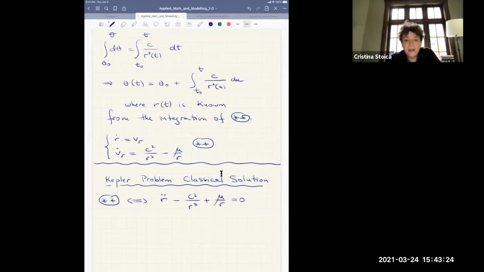So the first thing I was saying was that, look, use this equation to write something like d/dt is C over r squared d/d theta. That's what I put in your assignment.